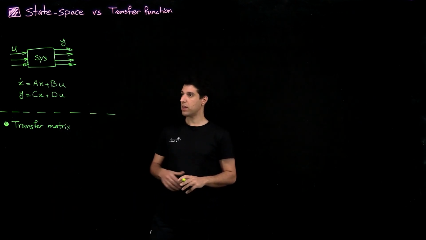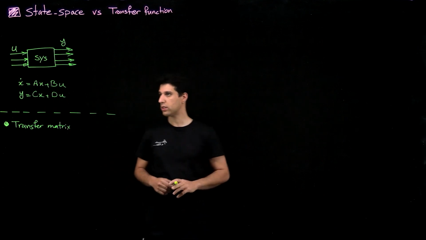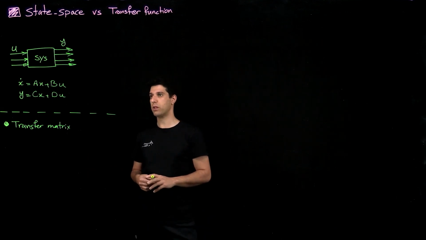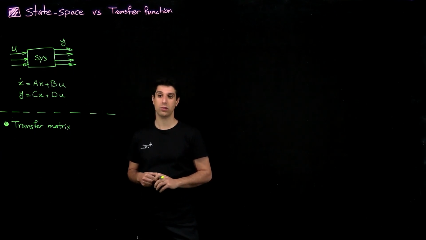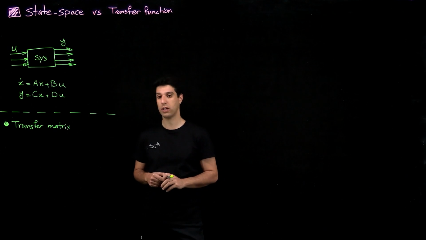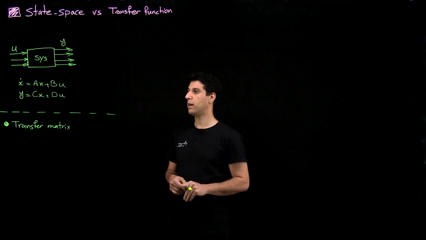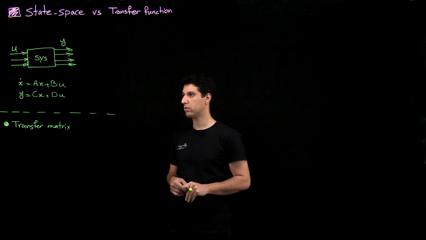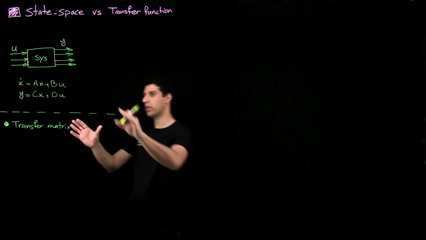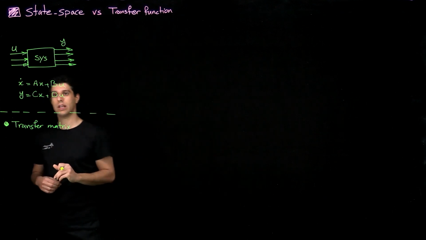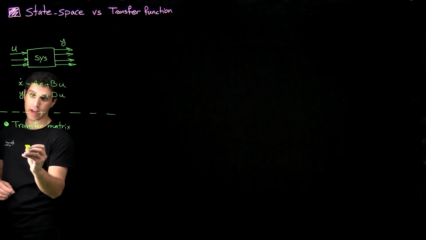So let me start from this equation: x dot equals Ax plus Bu. This is a linear equation. And remember our good old friend Laplace. Laplace is also a linear operator or transformation, so I can take this equation and take the Laplace of that.